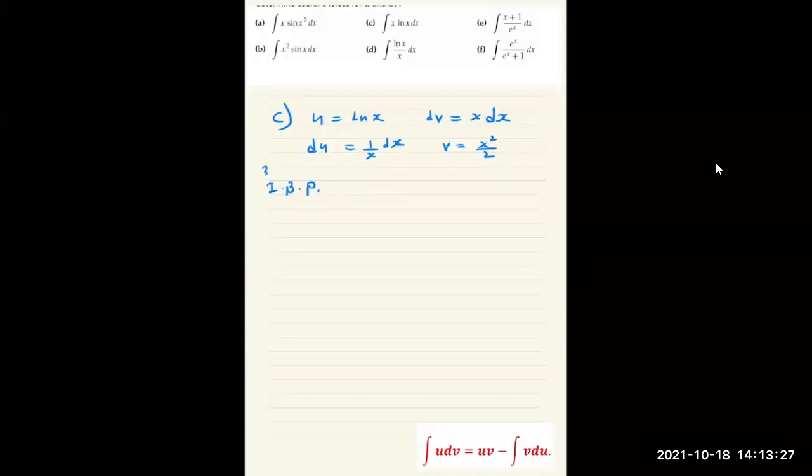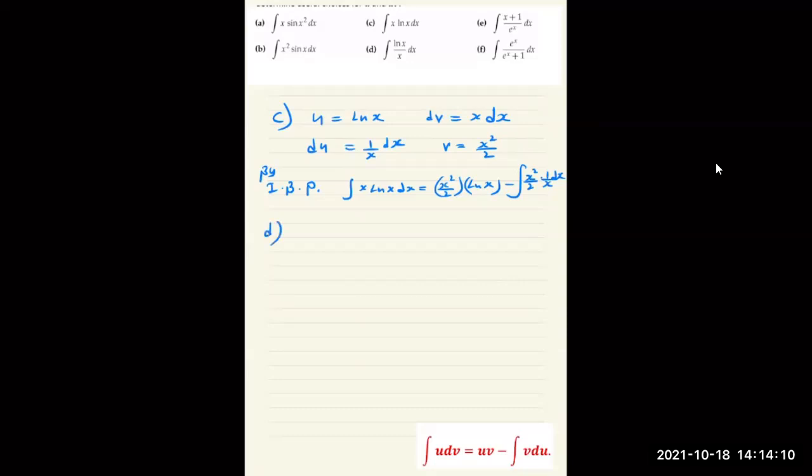By the integration by parts formula, we have the integration of our original function x ln x dx is equal to uv, that is x squared over 2 times ln x, minus integration of v du, x squared over 2 times du, which is 1 over x dx. Now as you can see, this is an integration that you can perform. You know how to integrate this one, and that will give you the answer. I'm not going to finish this.